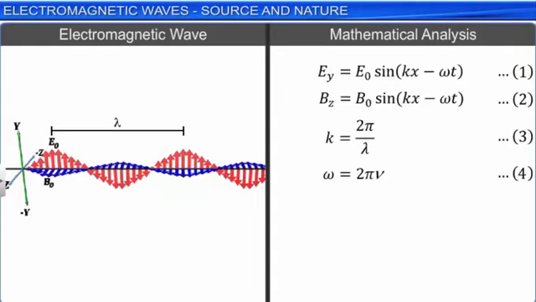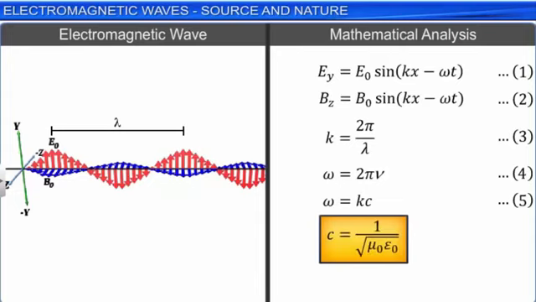Let this be equation 5. Here, c is the velocity of the electromagnetic wave that is equal to 1/√(μ0ε0). On substituting equations 3 and 4 in equation 5, we get c = νλ.